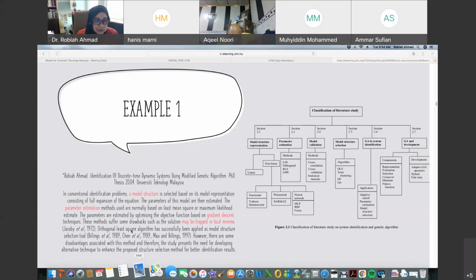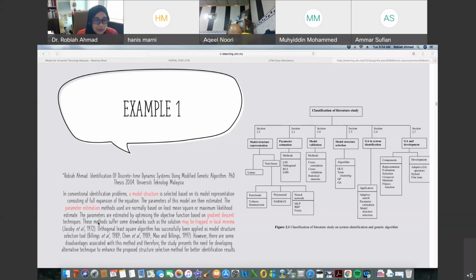So you notice here, I followed with this method suffering some drawbacks, such as the solution may be trapped in local minima. Okay, so the gradient descent method, which is popularly used in the least square method, has these problems.